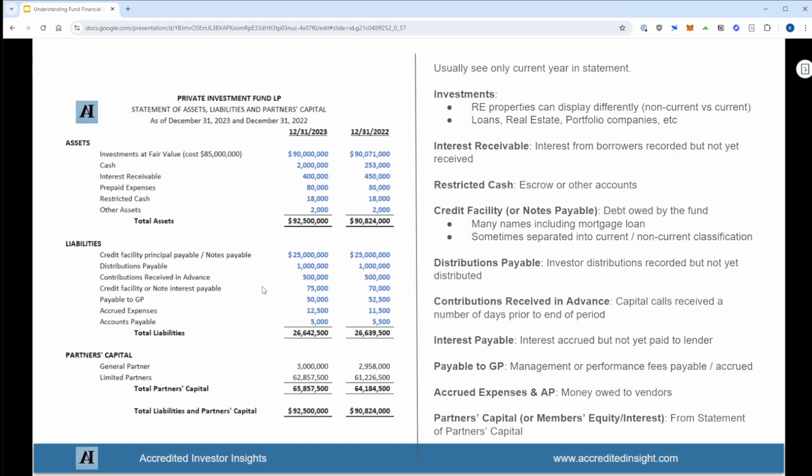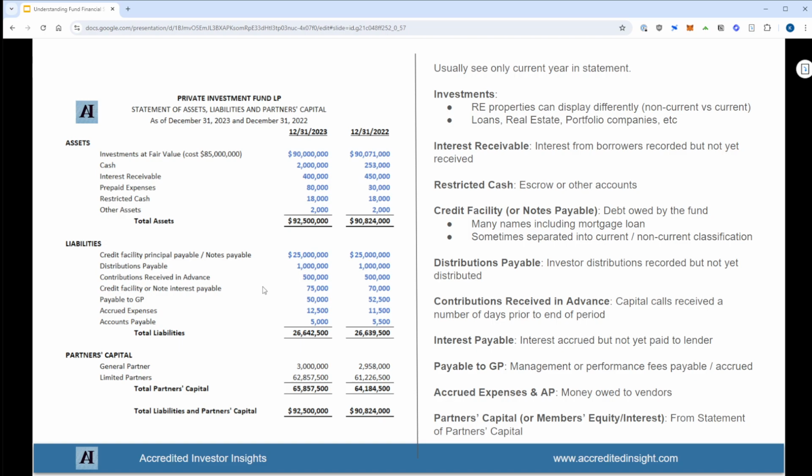These typically are capital calls that may be received right before the period ends, but the fund hasn't had that close yet. So think of a wire that you may send, they receive on December 27th in the fund, but it's for closing on the 1st of January. So the as of date for the balance sheet is the 31st. So there's just a timing issue there. Again, typically small amounts.